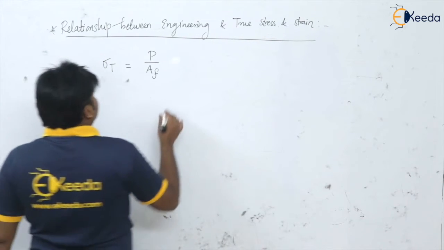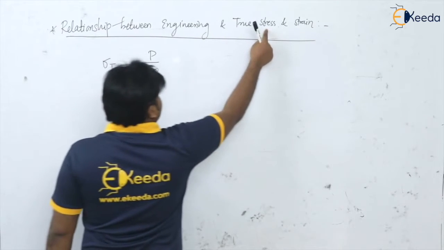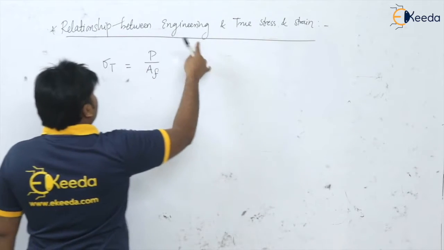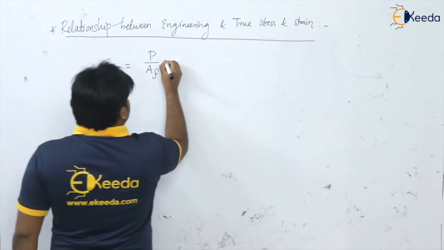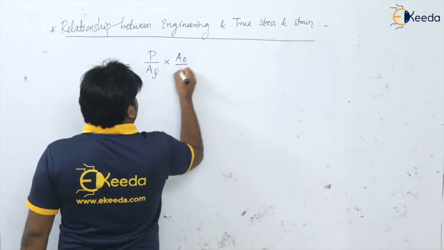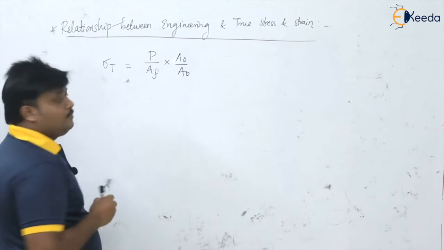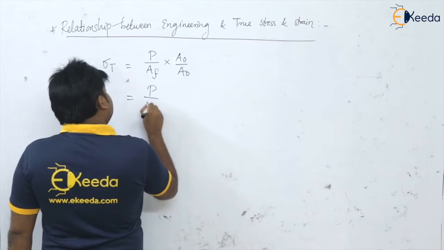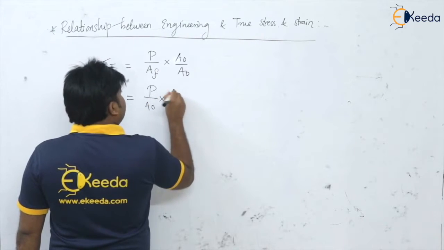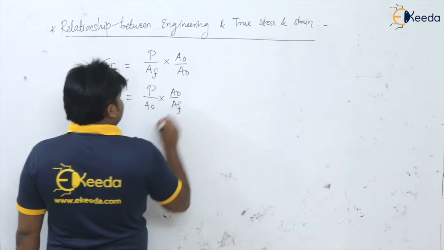First of all we are going to see the stress, and then we will see the relation between the strains, engineering and true. If I multiply and divide by A original, nothing will happen, but I can write it like this: P divided by A naught into A original by A final.